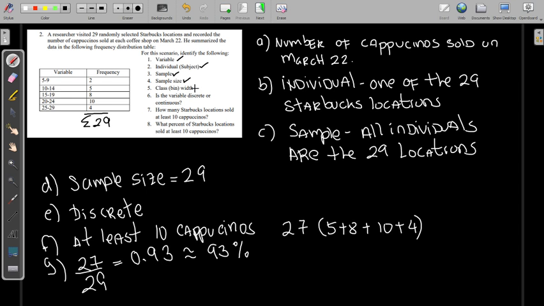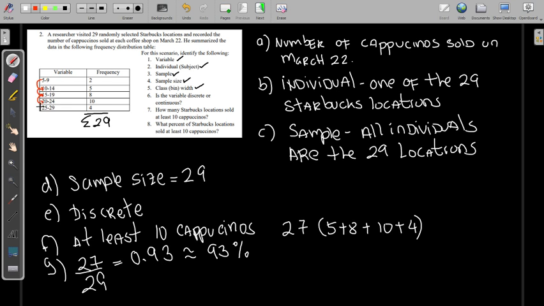I don't think we got to this question in class, which is class width. The class width is the size of each of these groups, right? So how many numbers are possibly there? The best way to do it is to look at a class and look at the next class. Between 5 and 10, there are 5. Between 10 and 15, there are 5.